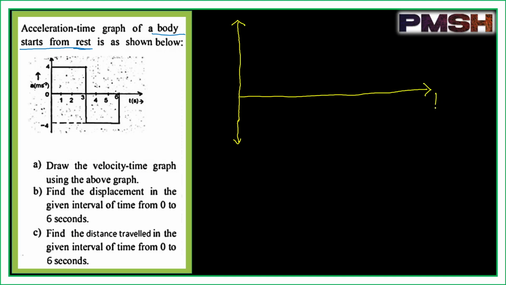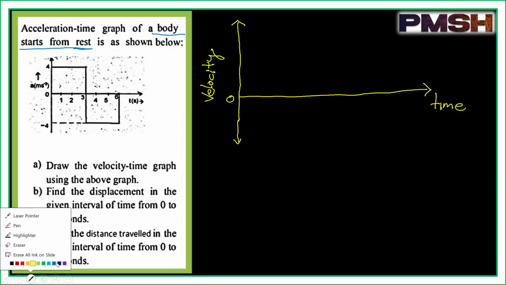So let's mark time on the x-axis and velocity on the y-axis. Okay, here it is 0. So let's see. According to the question, the body has an initial velocity 0, right? So we will mark the point here. Clear?